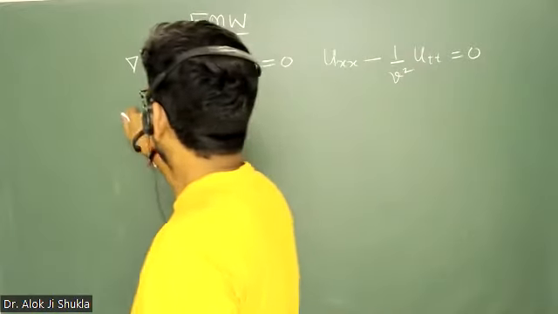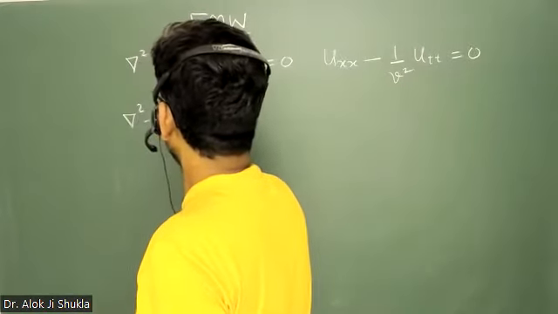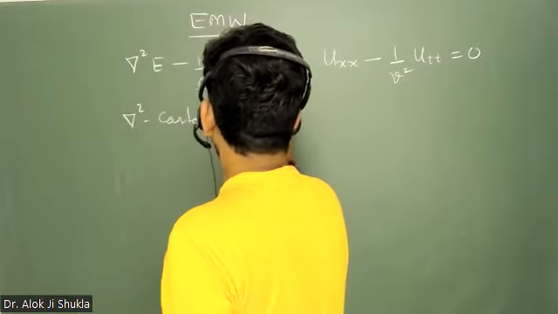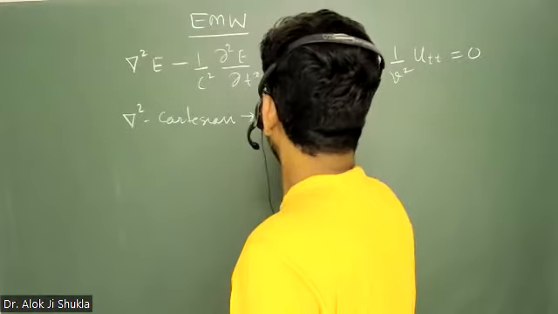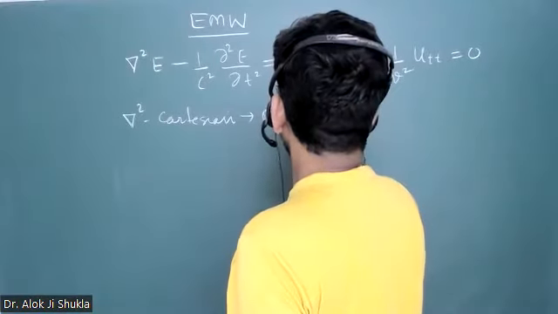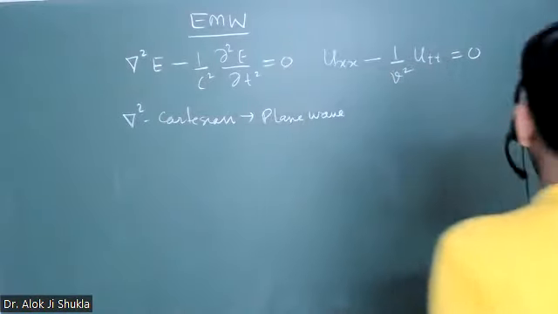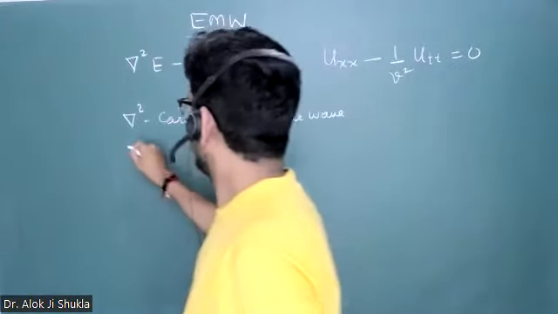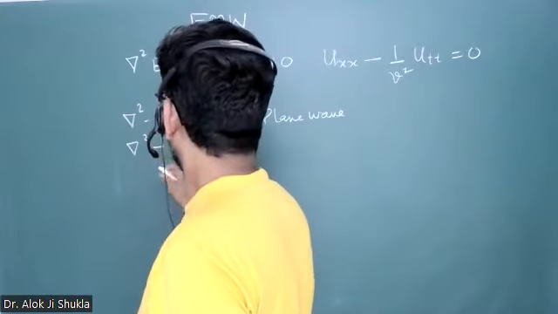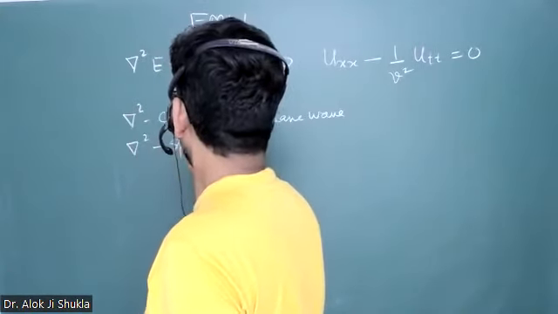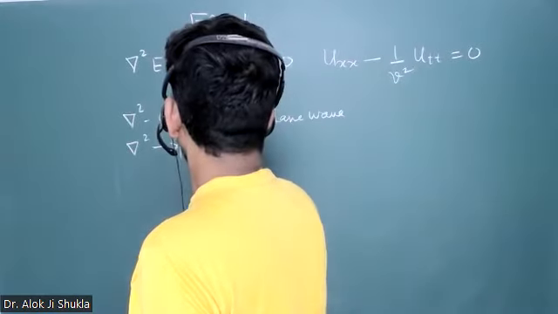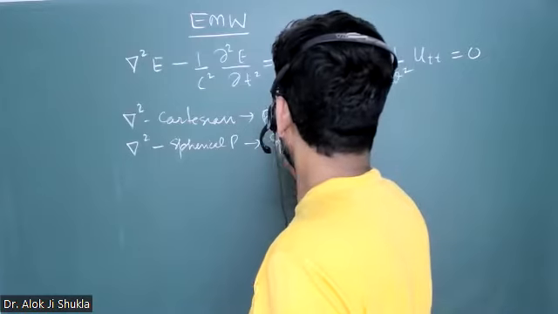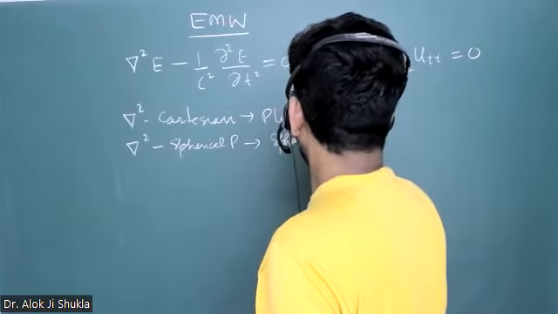If you want to write your del square in Cartesian, then you will have plane wave solutions. And if you want to write the del square in spherical polar, then you will have a spherical wave coming out.